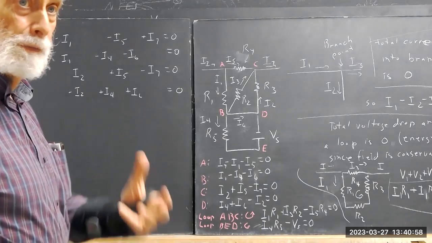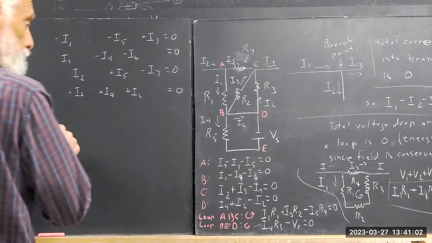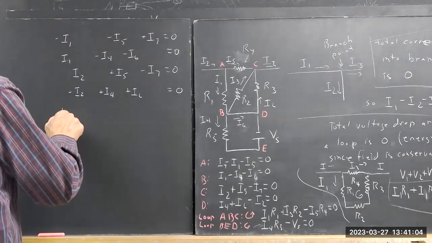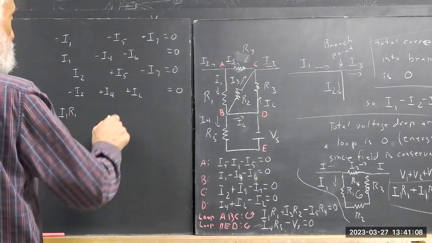Then I've got these 2 loops. It's not going to be enough. We need another loop. Got I1 R1.